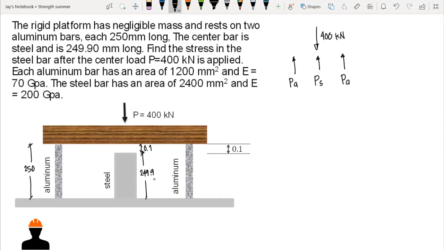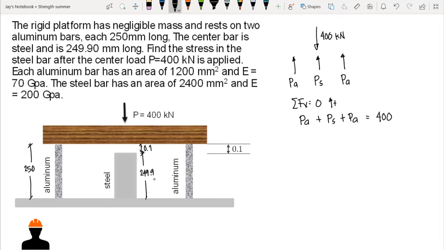Therefore, we have three unknowns. By using the equilibrium equation, summation of vertical forces equal to 0, with all the forces acting upward, we have PA plus PS plus PA equal to 400 kilonewton.